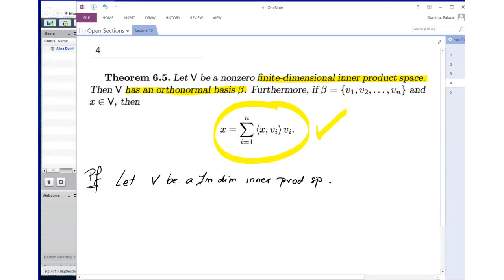Okay, so being a finite dimensional vector space, first of all, we've seen before that it must have some kind of basis. Let's keep some order on it, so ordered basis.